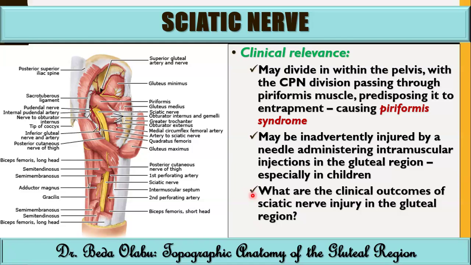But you'll also have paralyzed everything in the leg and foot. All the muscles of the leg and foot will be paralyzed if you totally injure the sciatic nerve. So they can't dorsiflex, they can't plantarflex. Basically, they can't walk. You'll also lose sensation in many parts of the lower limb.